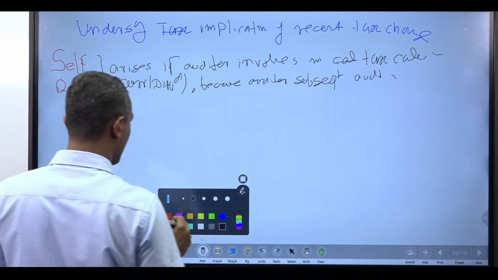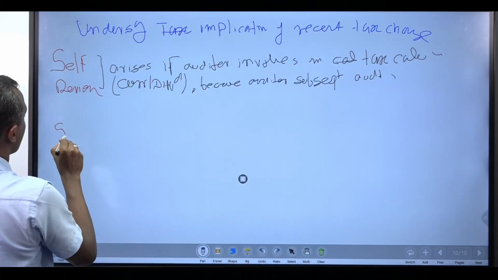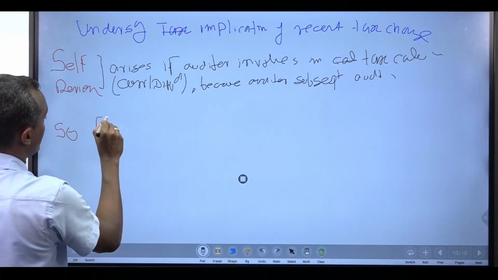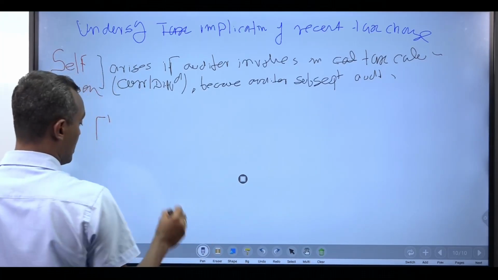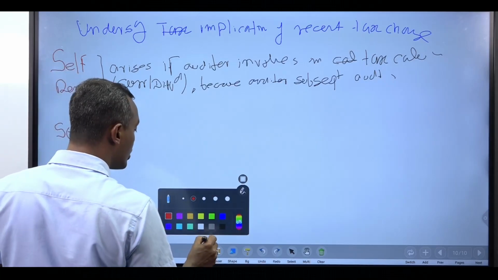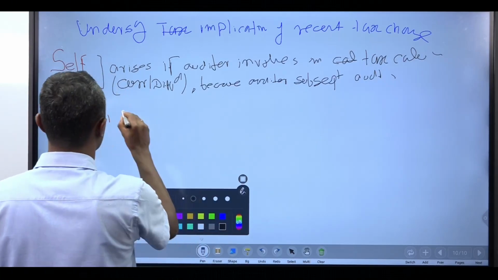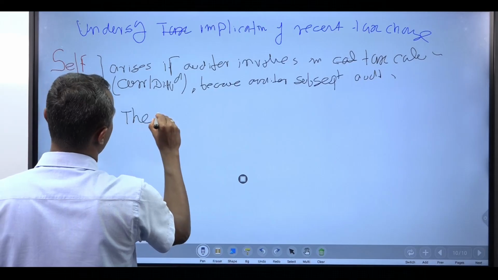So therefore, what are the safeguards? Safeguard number one, the work should be limited to the impact assessment. You can show the impact like a presentation.